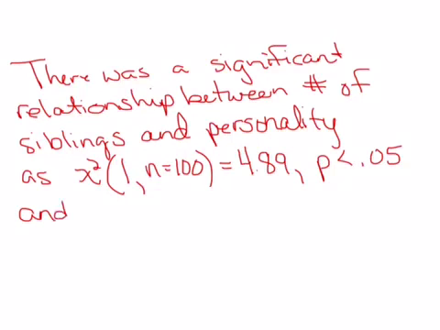And if you remember, our phi coefficient equaled 0.22. And that's it. That is our APA results and how to calculate the chi-square test for independence.